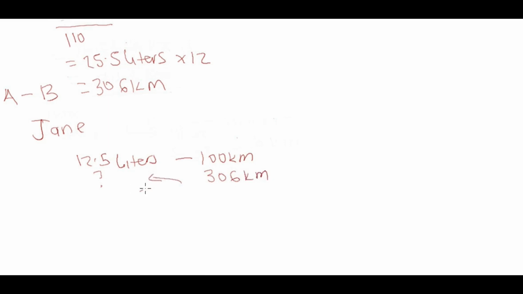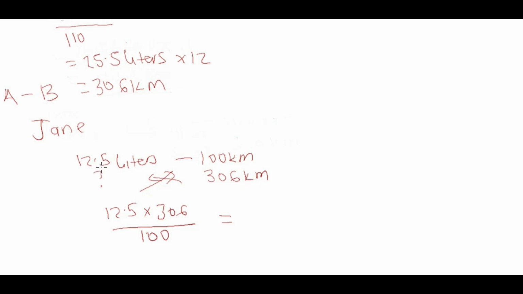So you cross multiply: 12.5 times 306 kilometers divided by 100. This will give you the amount of liters that Jane's vehicle will consume in 306 kilometers.